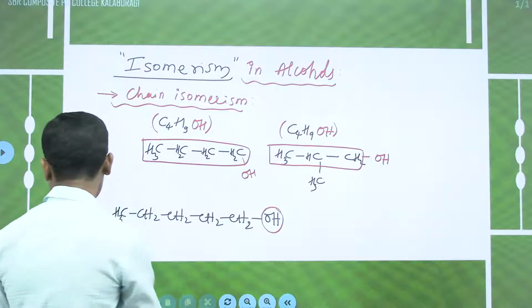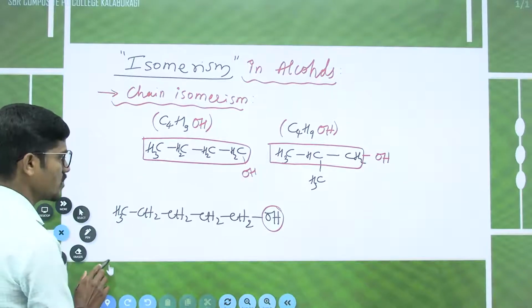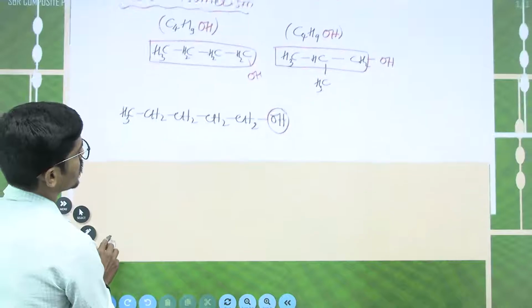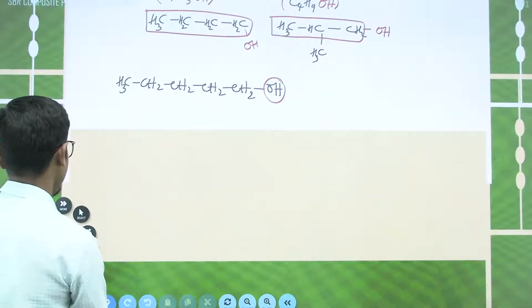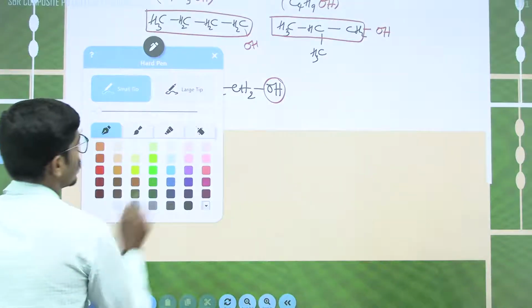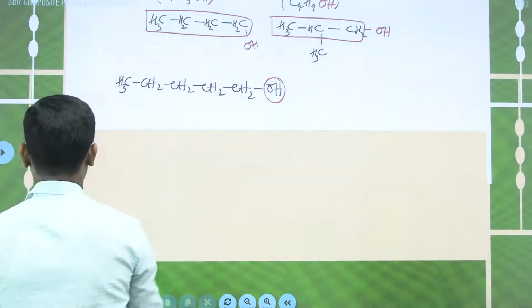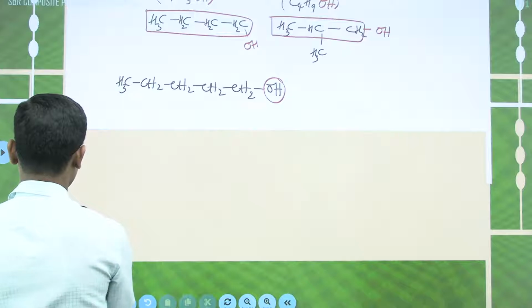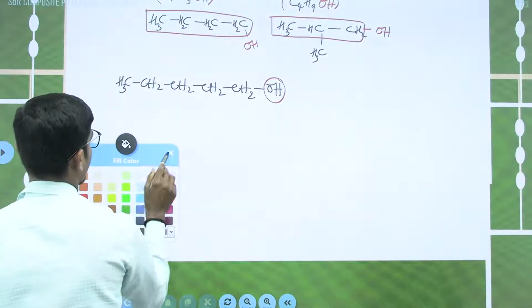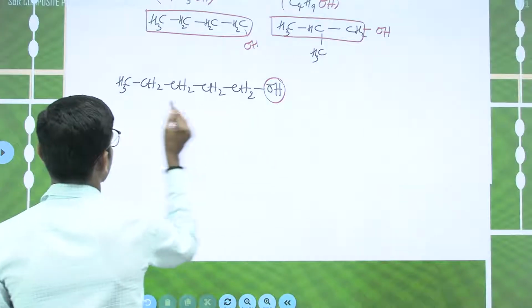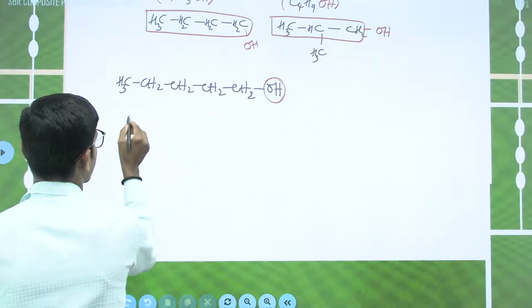So in the case of n-pentanol, that is the first structure.